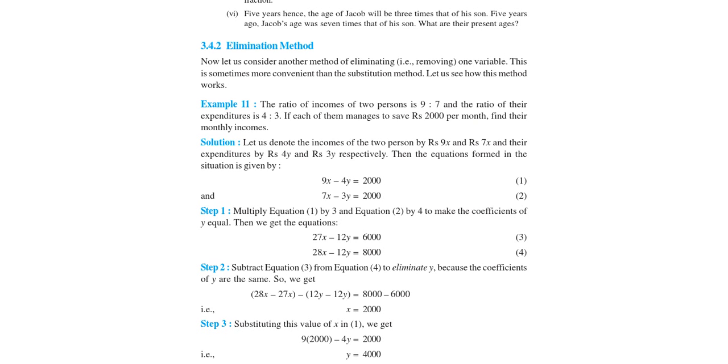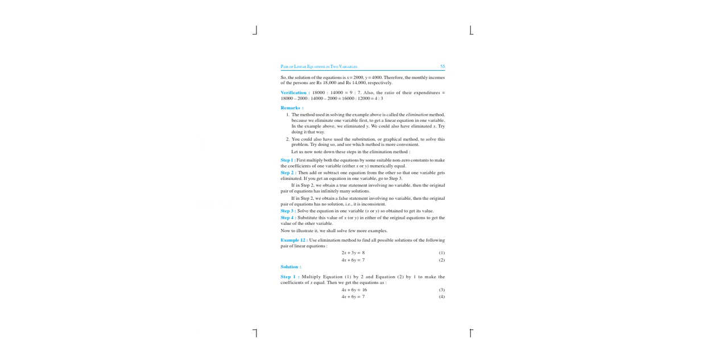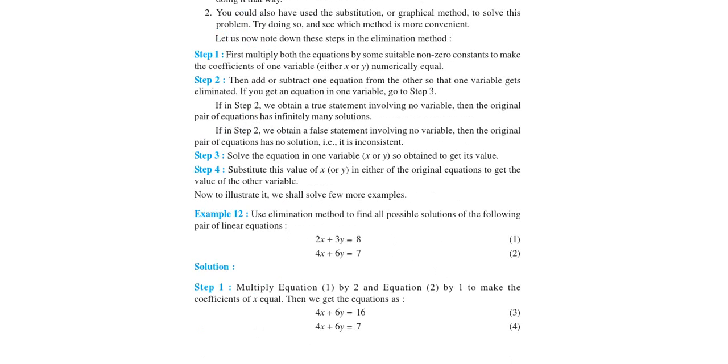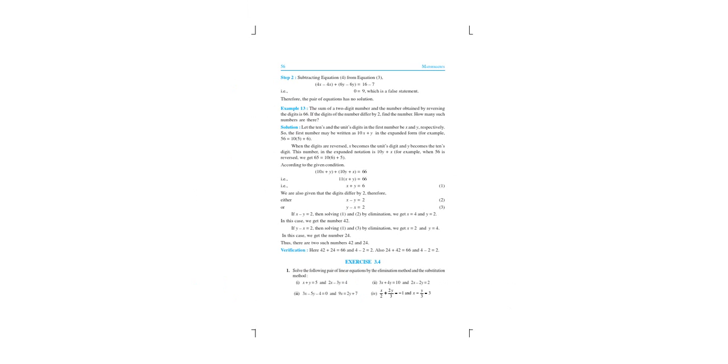I'll take up just one question randomly. I'll select a question. Let us say I'm going to select this one, no, not this one. This will not work. We take something else. I'll take from the exercise itself.